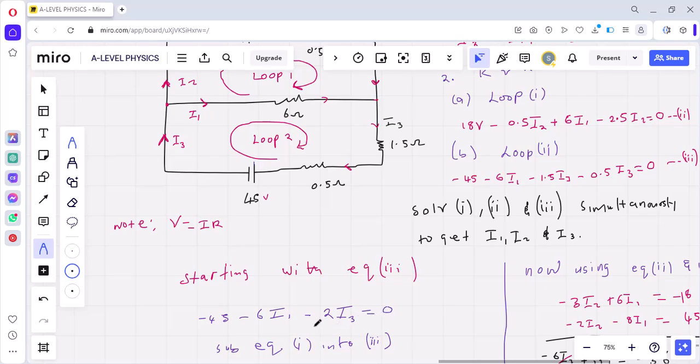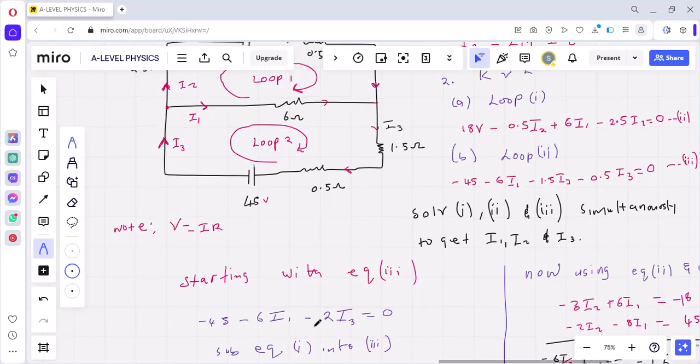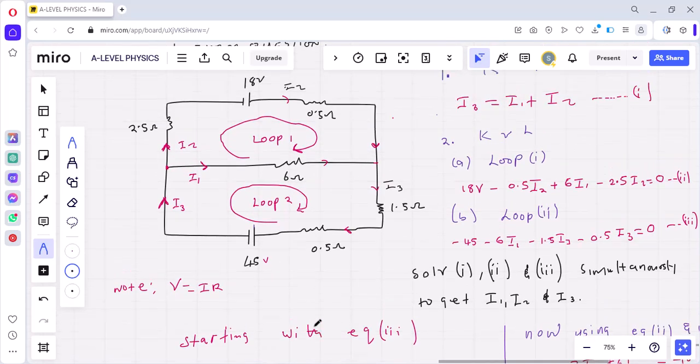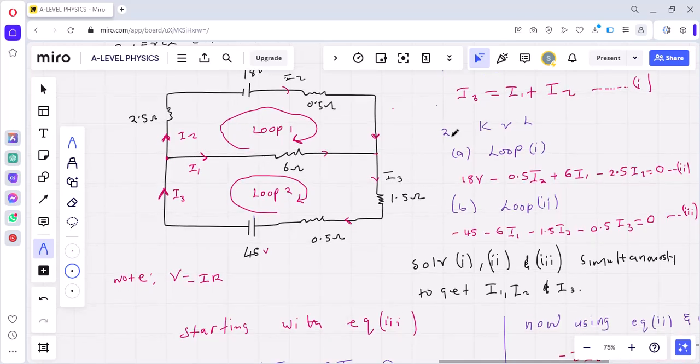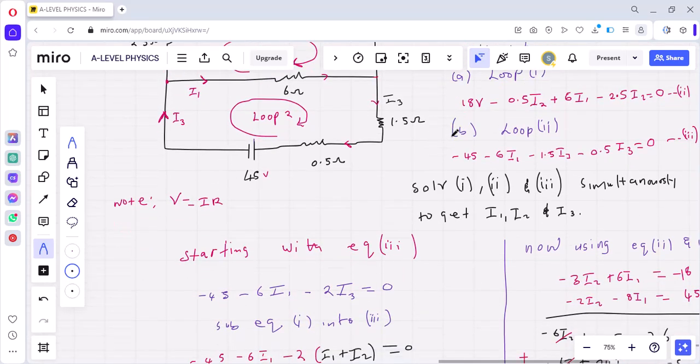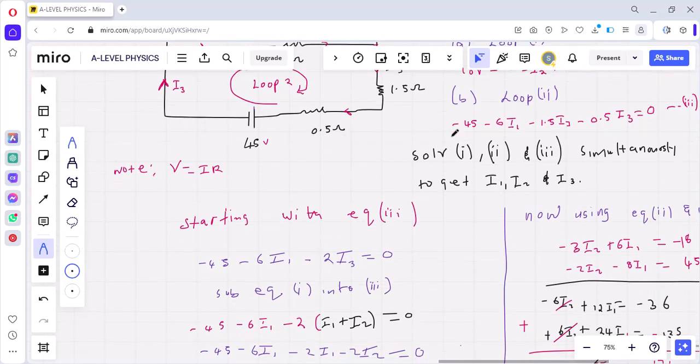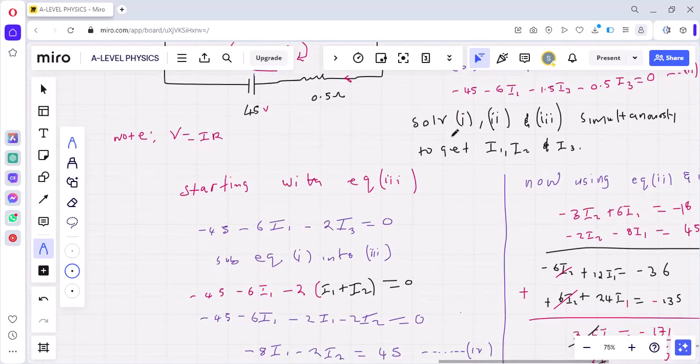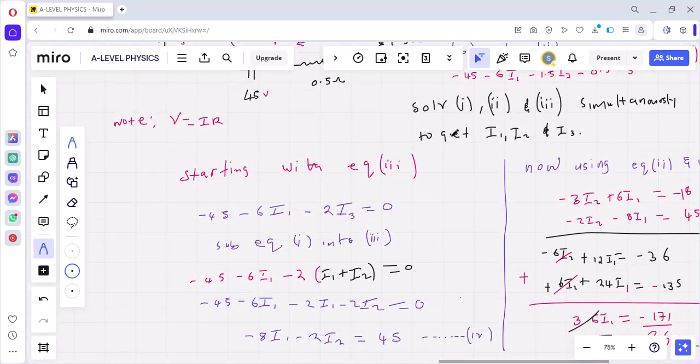Now I can substitute this into equation 1, so let us look at equation 1. We can substitute for I3 there. Or I can substitute equation 1 into equation 3, it's the same.